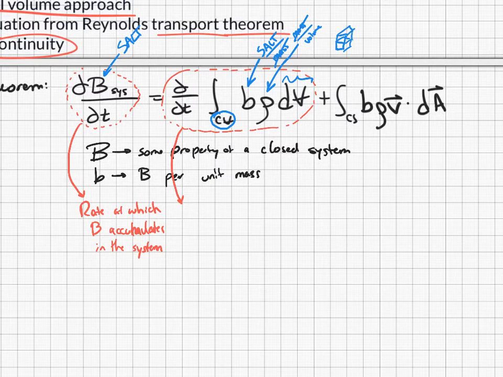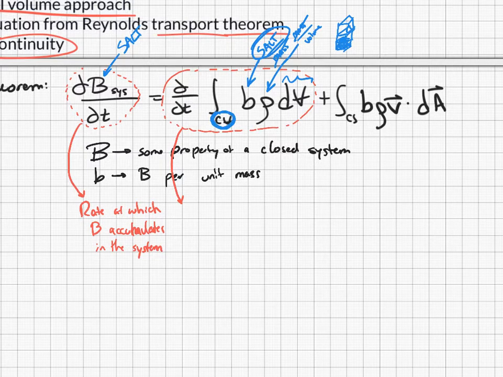So I'm taking this little volume right here and multiplying it times this salt per volume. So I'm going to get the total amount of salt that's in one of these tiny little volumes. And then I'm going to add them all up over the entire control volume.